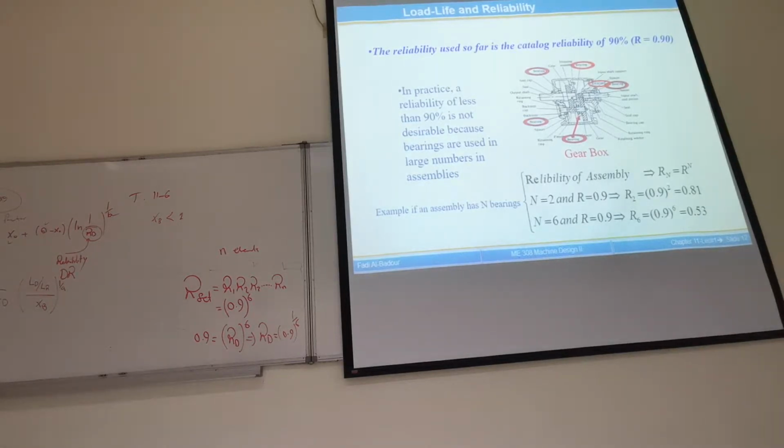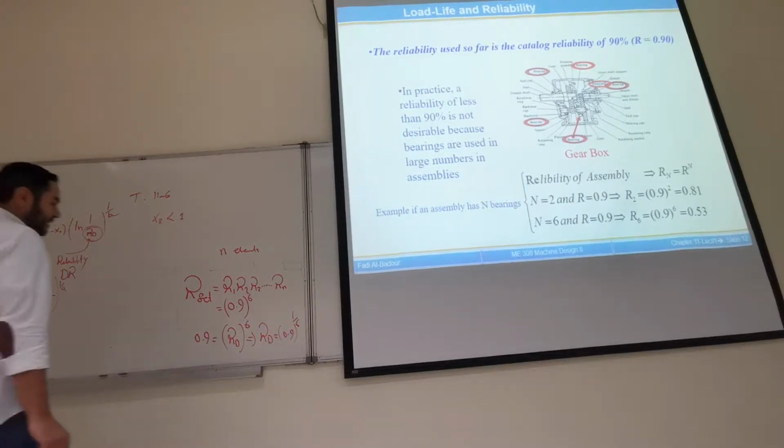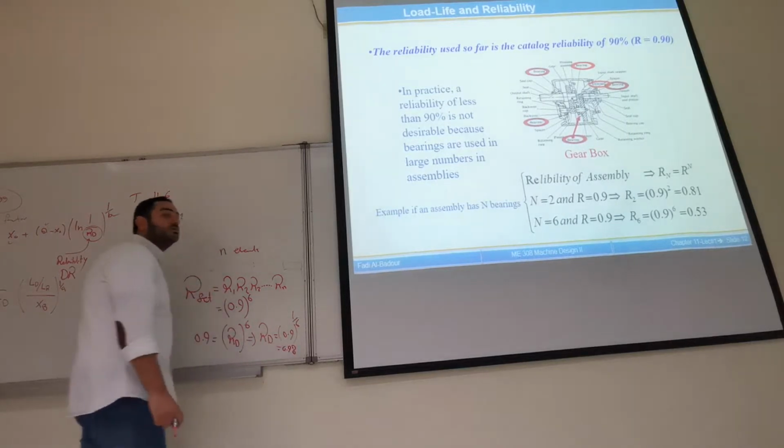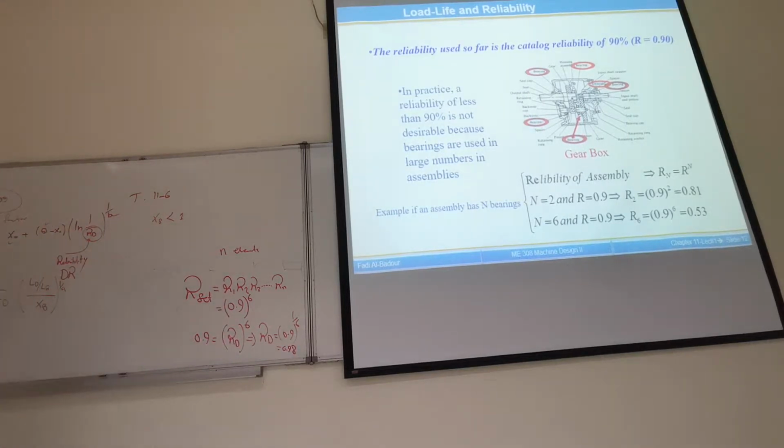Or do you have to go for lunch? 0.98. So you can see individual reliability of 98% for each bearing to achieve a set reliability of 0.9. So it depends on the number of elements again, and the individual reliability of individual elements.